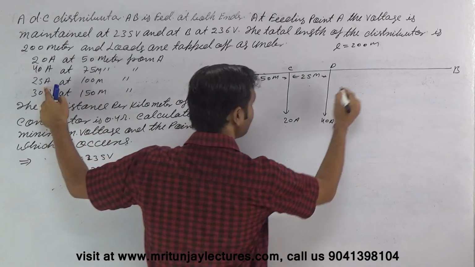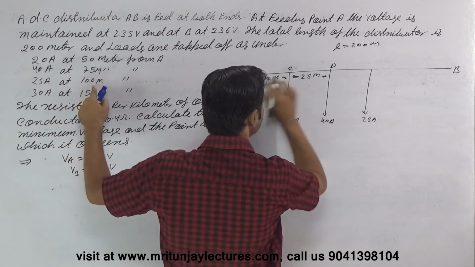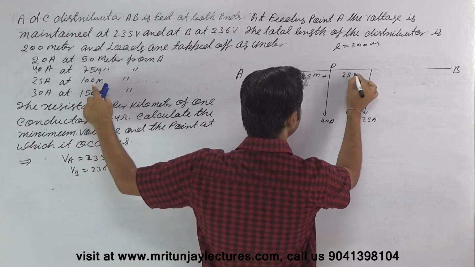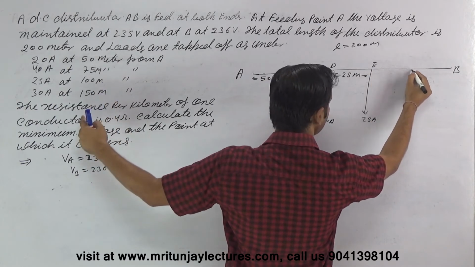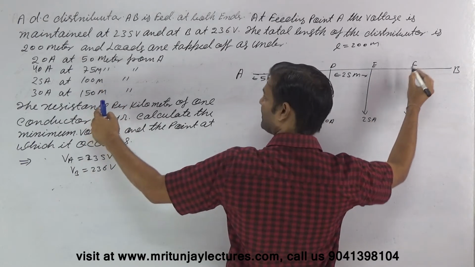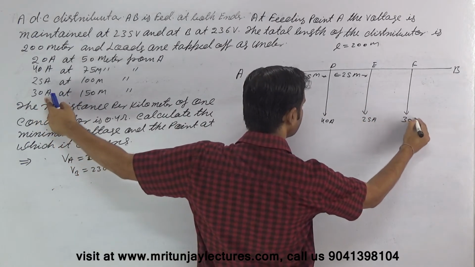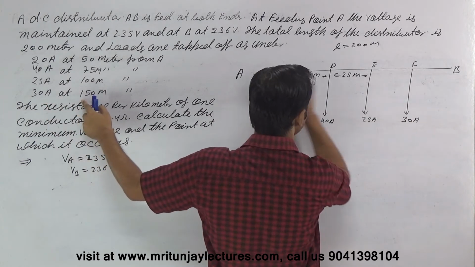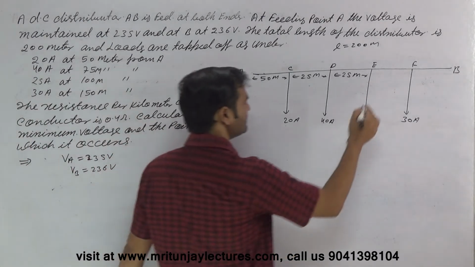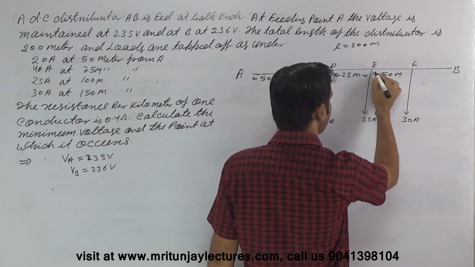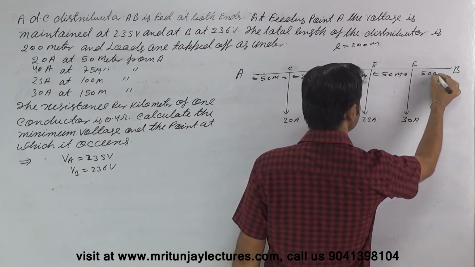Again 25 ampere at 100 meter, which is point E, 25 meter further. Again point F is 30 ampere, at 150 meter from A, that is 50 meter from E to F, and this one is also 50 meter.